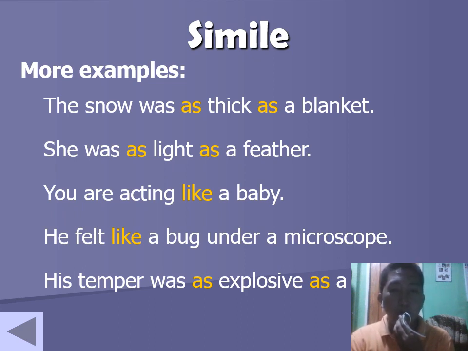His temper was as explosive as a volcano. As you can see in the sentences, the hint word is highlighted there, in order for you to know what figure of speech it is. Right, they are using like or as.